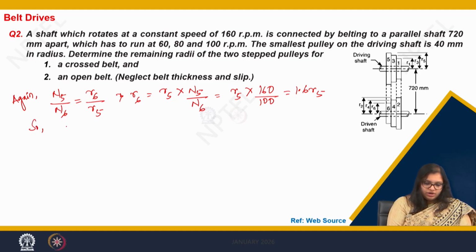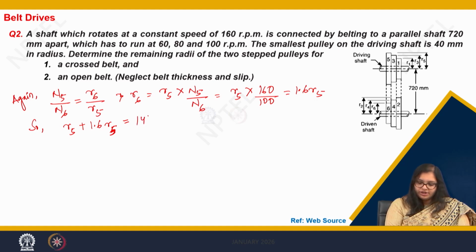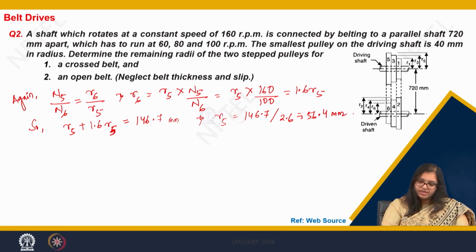So now R5 plus 1.6 of R5 will be equal to 146.7 mm. So this gives me R5 is equal to 146.7 divided by 2.6, which is equal to 56.4 mm.